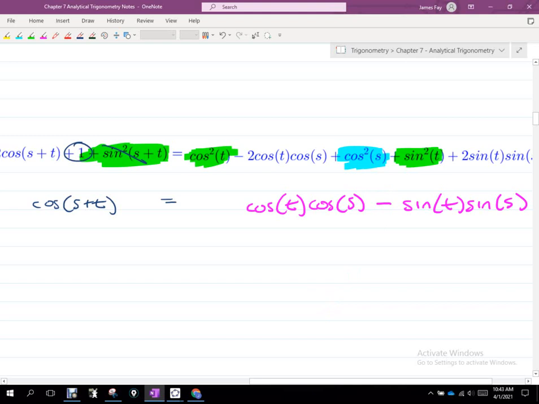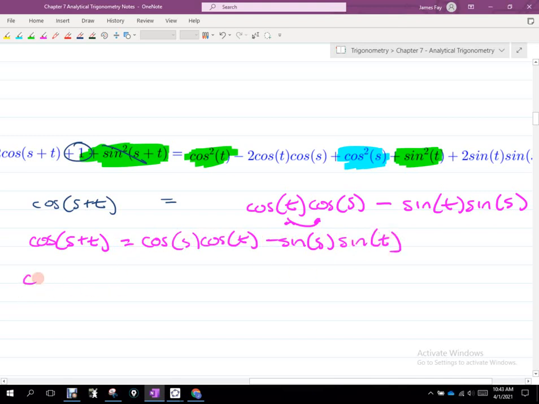Yep. Now a lot of times, because of the commutative property, I can rewrite this as cosine of s plus t equals, flip-flopping these two, cosine of s cosine of t minus sine of s sine of t.